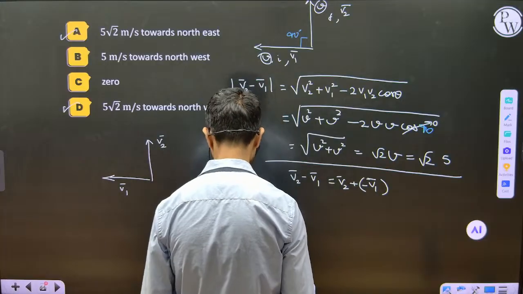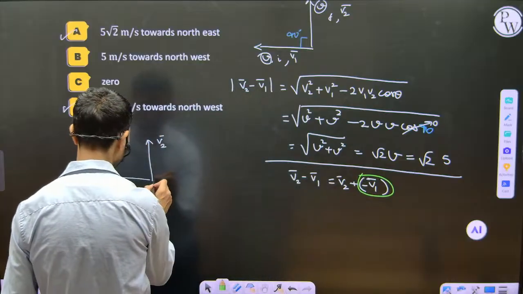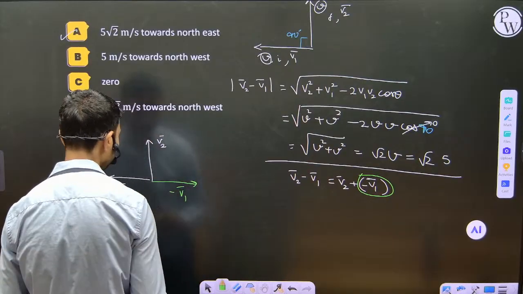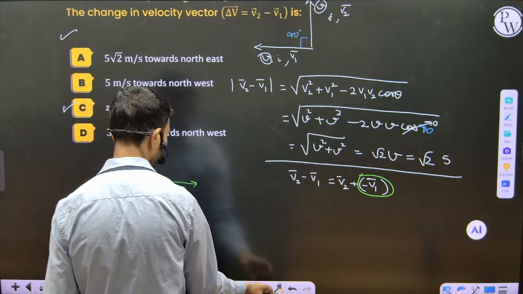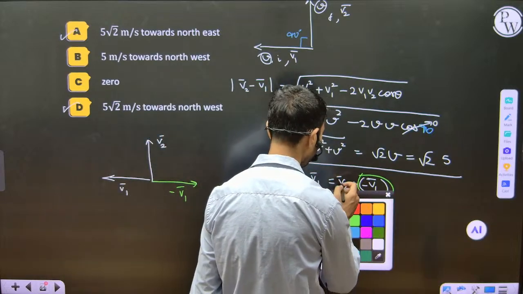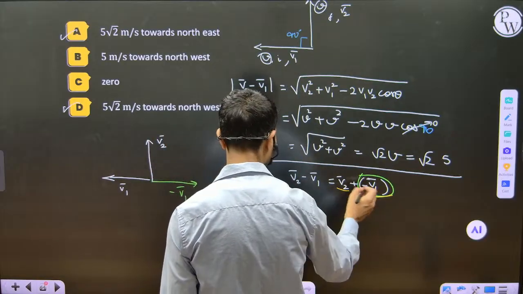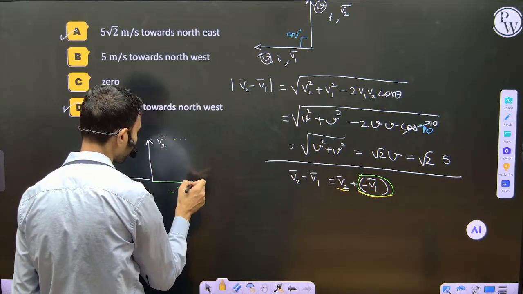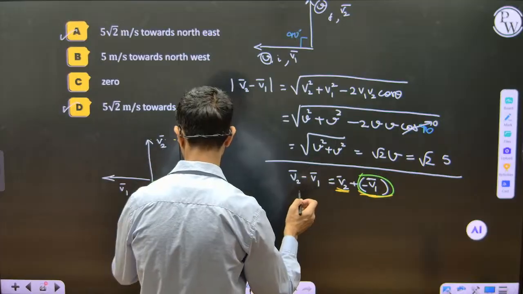So for that we need something called minus v1. So this is v1 and this is minus v1, right? And we have to add v2 with minus v1. So this v2 and this minus v1, you have to add those two guys, right? So let's add them. Add which quantities? v2 and minus v1.